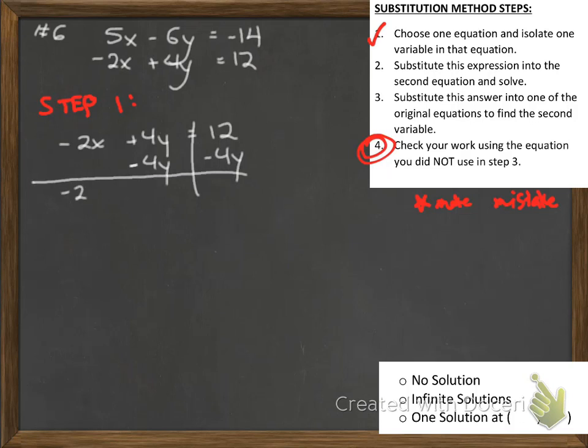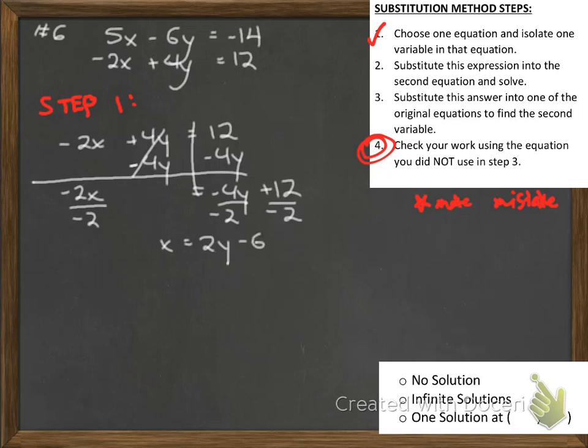So I bring down the negative 2x equals negative 4y plus 12. Okay, and then we have to divide everything here by negative 2. So that becomes x is equal to 2y minus 6.